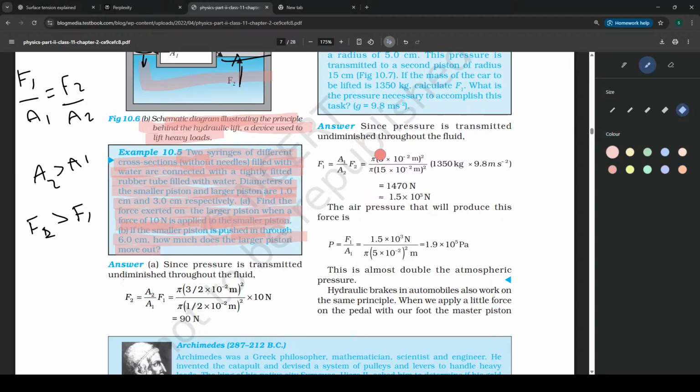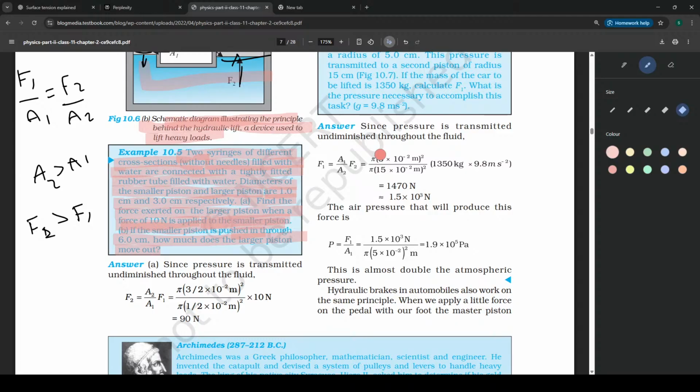First thing, we need to find the force on the larger piston when a force of 10 Newton is applied on the smaller piston. Basically, the pressure on the two pistons is the same. Pressure is force by area, not force into area, and it will be the same for both the pistons.